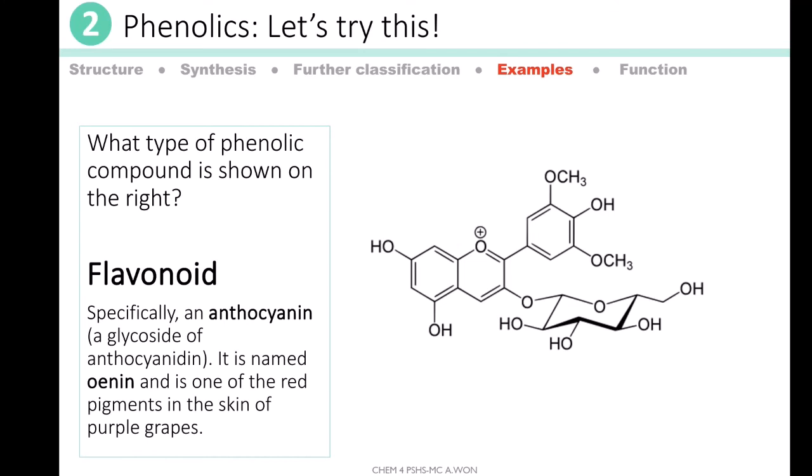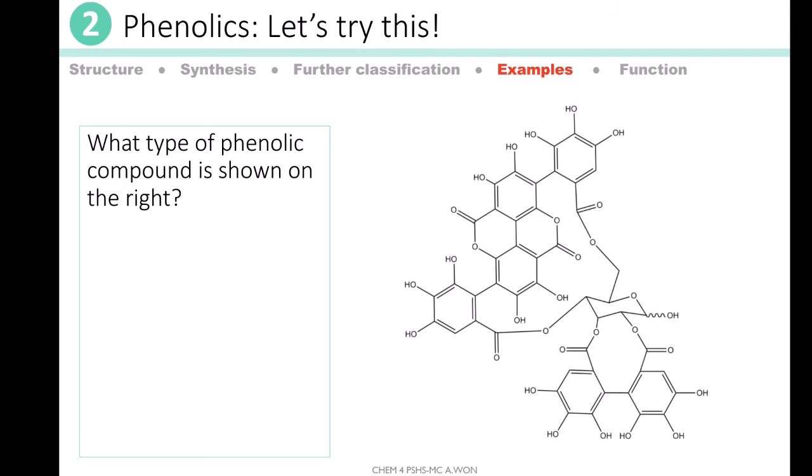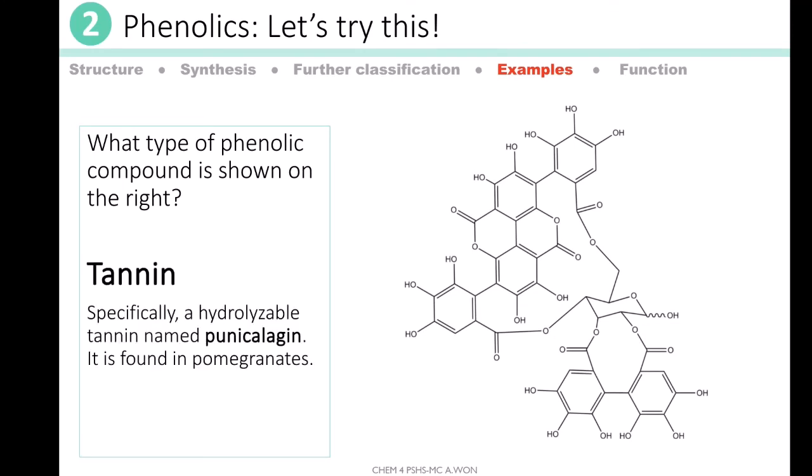Okay, this is a flavonoid, particularly an anthocyanin. Look at the formal charge of oxygen there. Next, what type of phenolic compound is shown? Okay, this is a tannin. Specifically, it is a hydrolyzable tannin with a sugar molecule in the center.